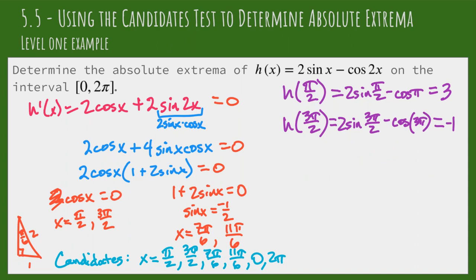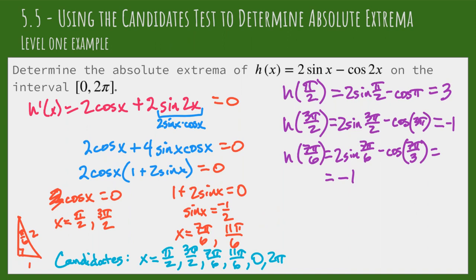All right, next one. These are going to be the good ones here. 7 pi over 6. So we have 2 sine of 7 pi over 6 minus cosine of 7 pi over 3. All right, so sine of 7 pi over 6 is going to be negative 1/2. We figured that out down here. So this is going to be negative 1.